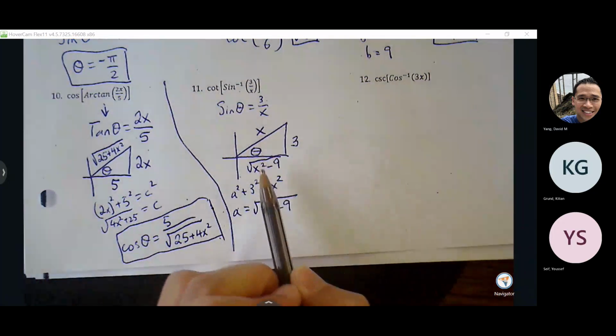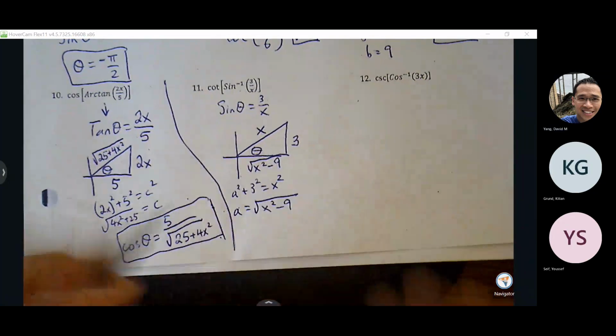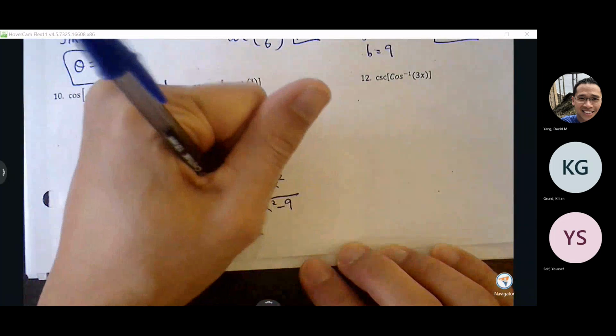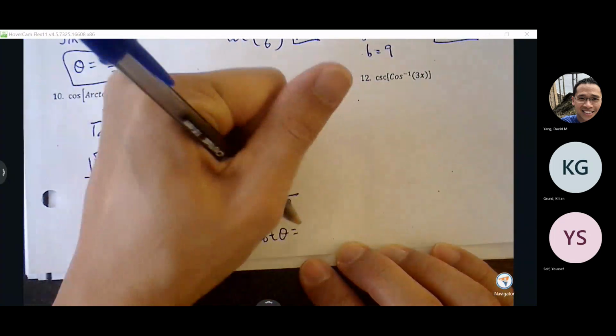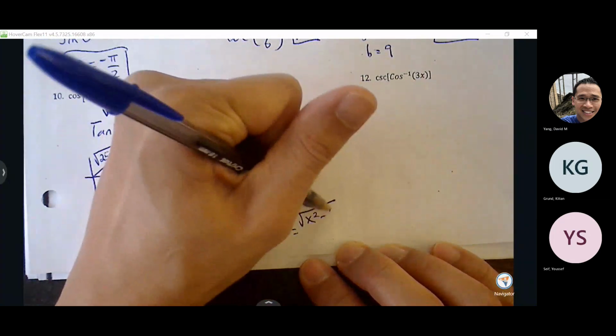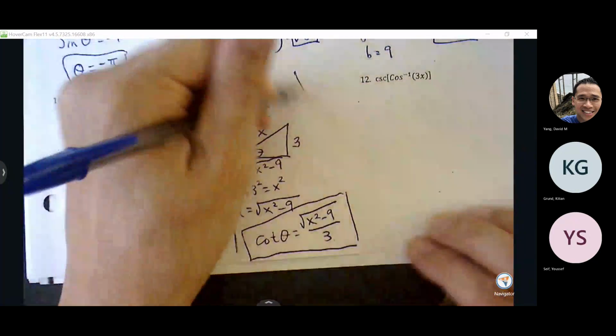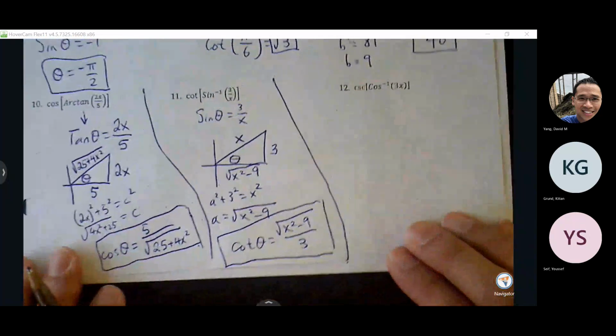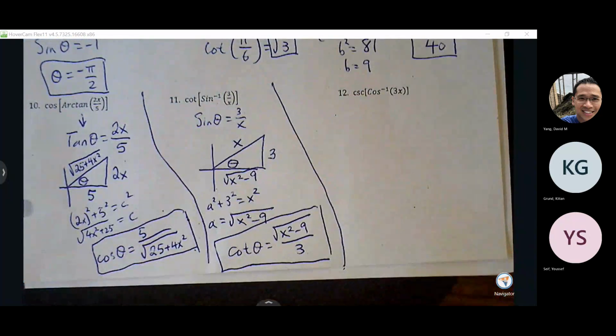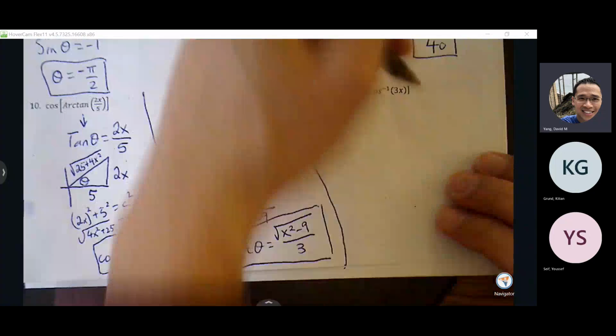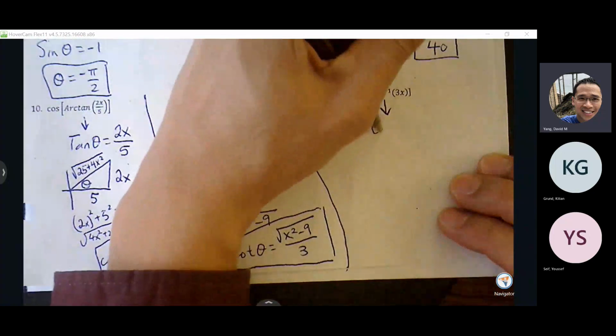Cotangent of theta is x over y. Inverse cosine of 3x.